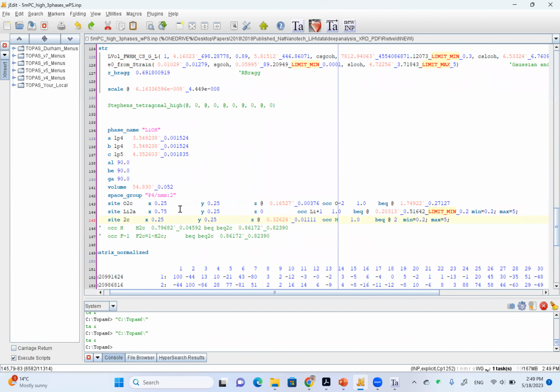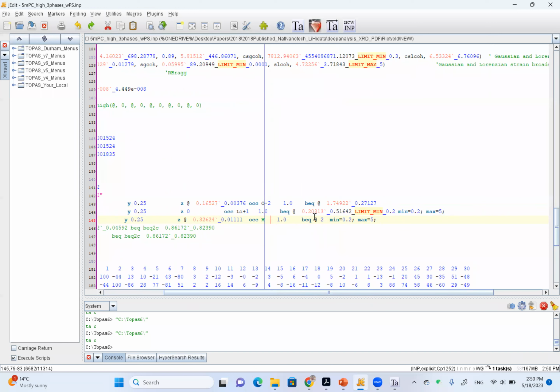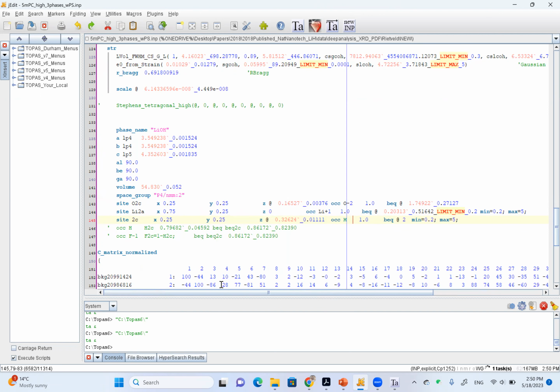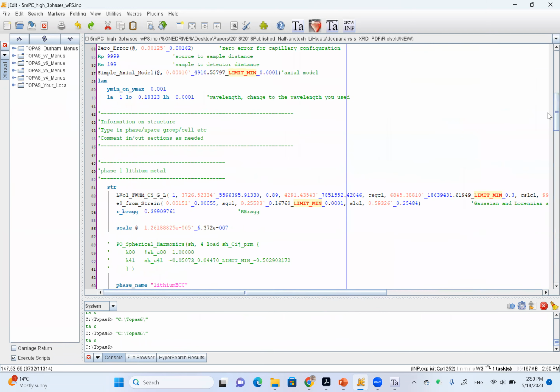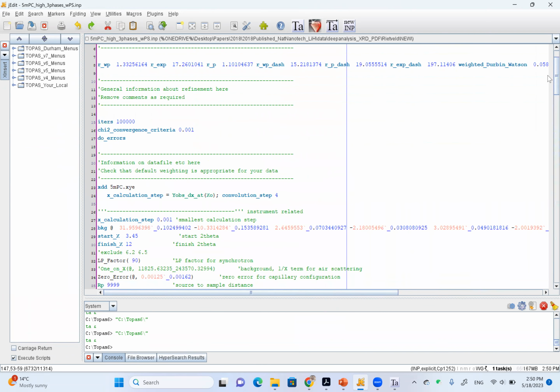So you see they're both, the oxygen and the hydrogen positions, they can vary. So those two can be fitted. And similarly, you can define your reasonable Beq range by using minimum and maximum constraints. Okay. So yeah, that's pretty much how we do the refinement involving the different phases.